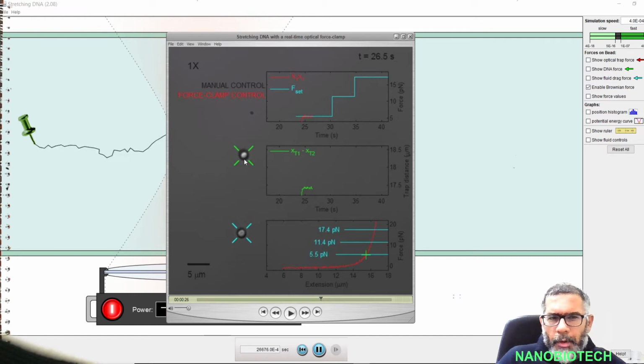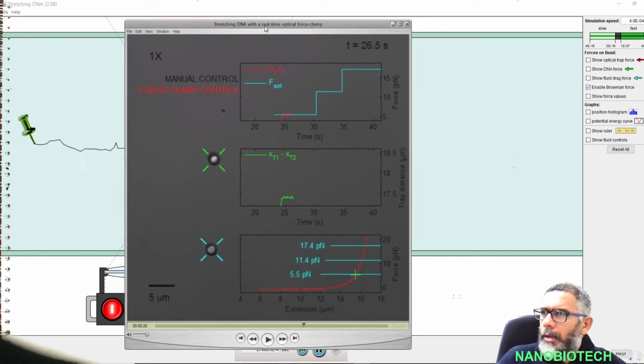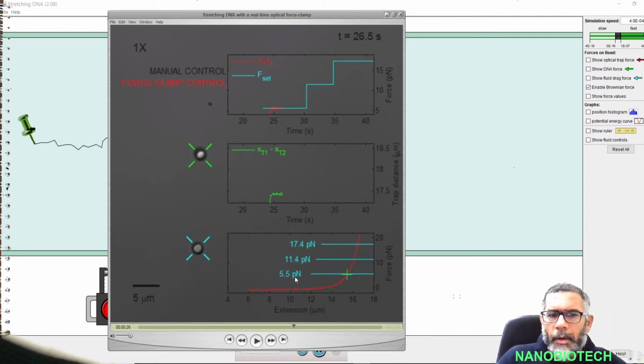It is able to measure that force, and you see at this position the force to be 5.5 piconewtons. Let me enlarge it a little bit so you can see better. This scientist has some devices so that he can measure it.